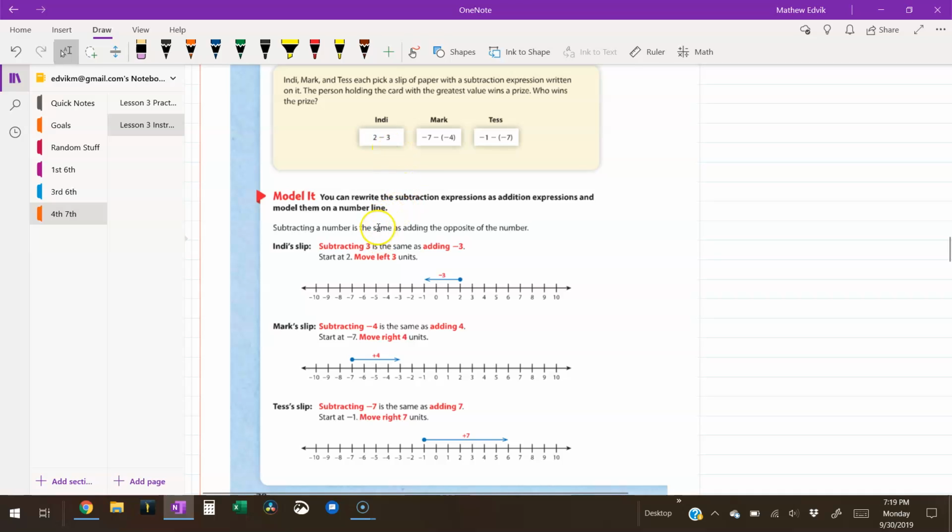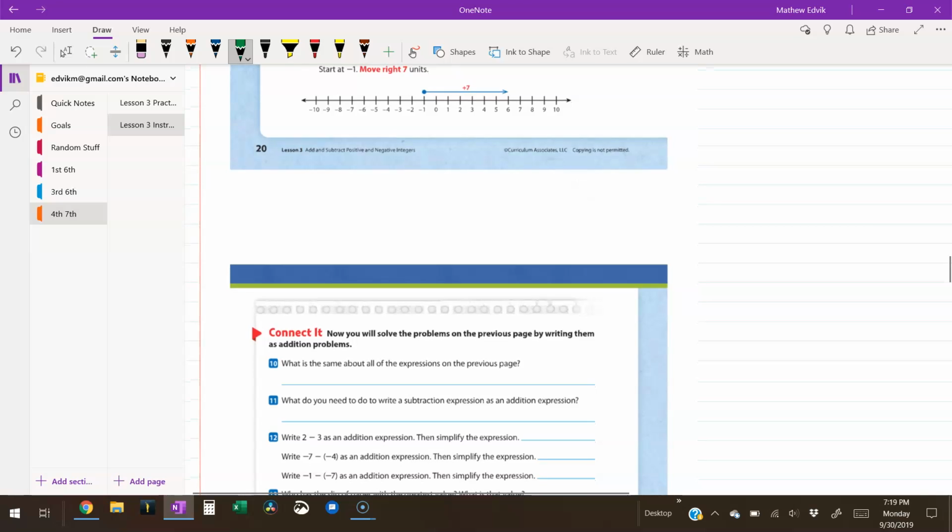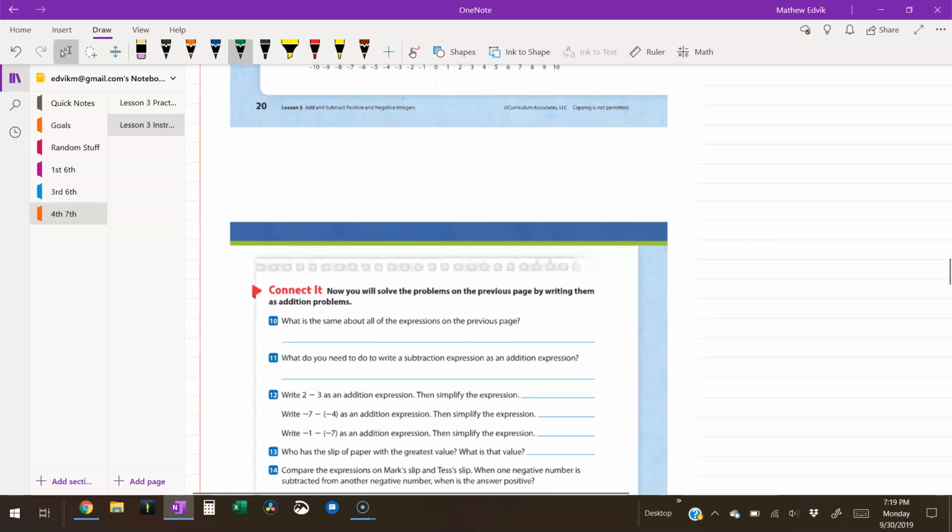So she is going to start at 2. So here is Indy. She's starting at 2, and she's starting right there, and she's moving 3 this direction. So she ends up at negative 1. Let's see if we're going to write that here anywhere.